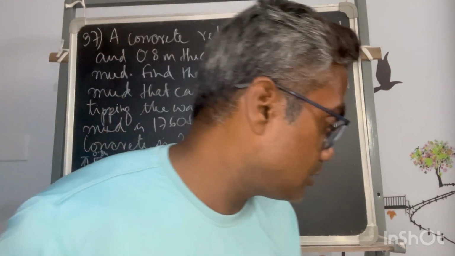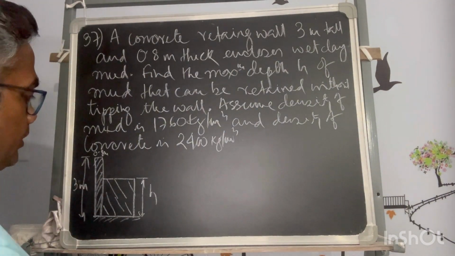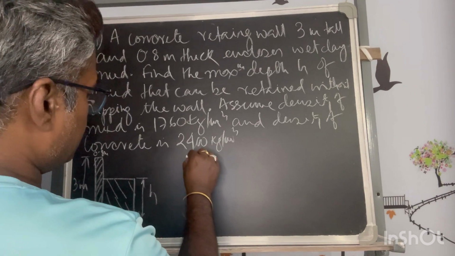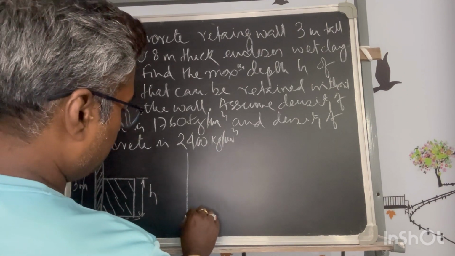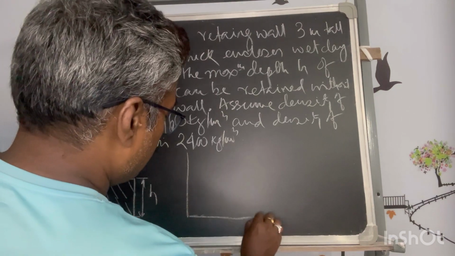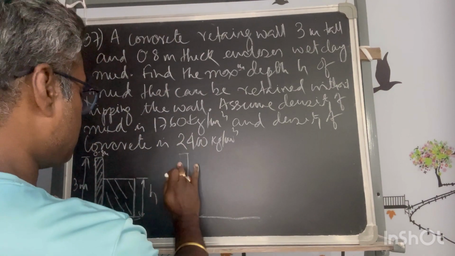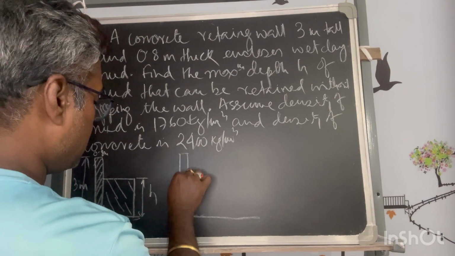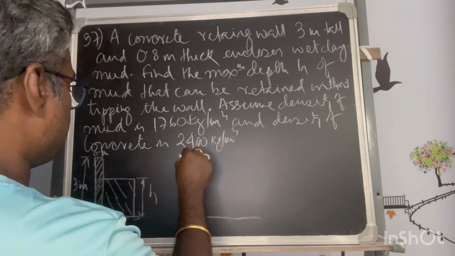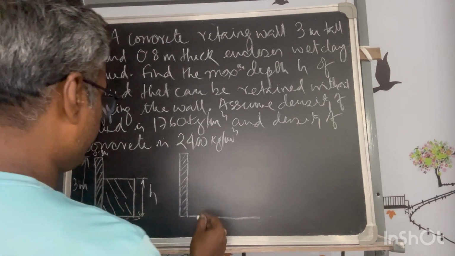Okay, so here if I draw the pressure diagram as we drew in the last sum, the pressure diagram on this concrete wall due to the mud, as you can see mud as a semi-liquid or a fluid kind of thing.